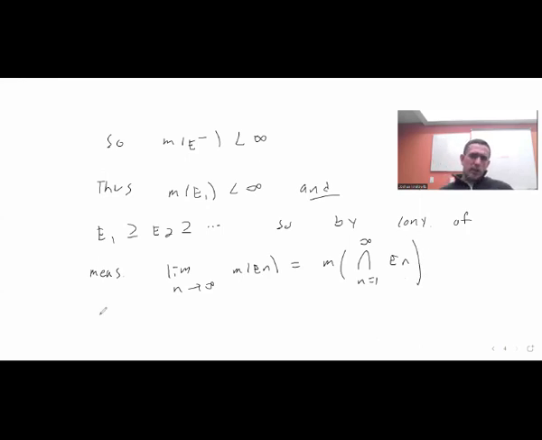Now I claim the limit is 0, and I'm going to prove the limit is 0 by proving that this is empty. Okay, well, let's see why this is true.